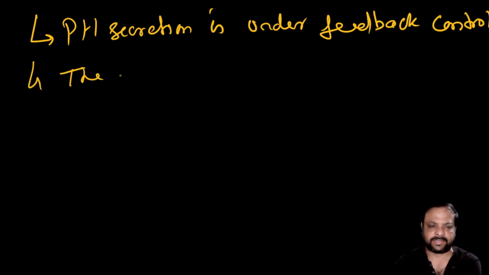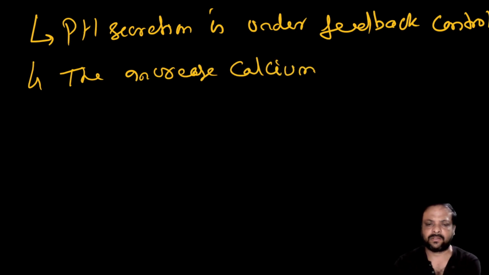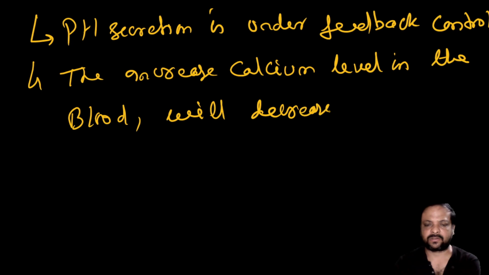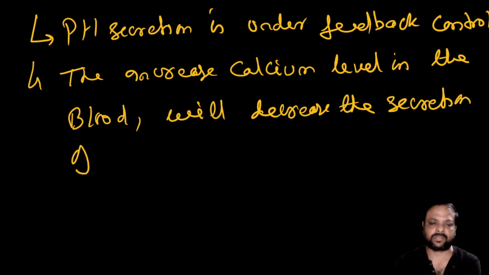Now the increased calcium level in the blood will decrease the secretion of parathormone, and vice versa.